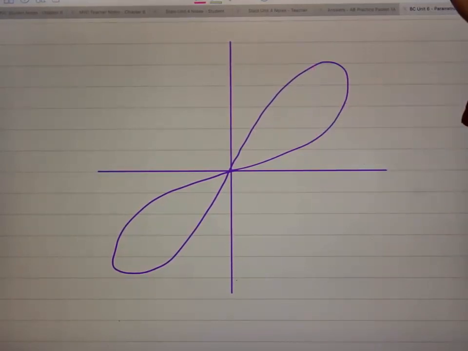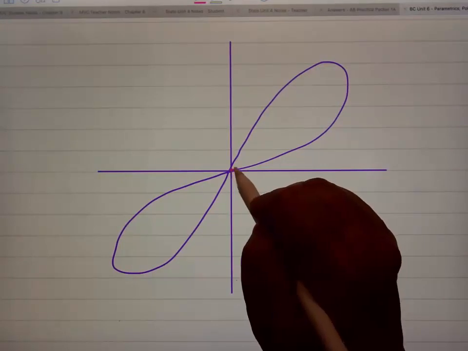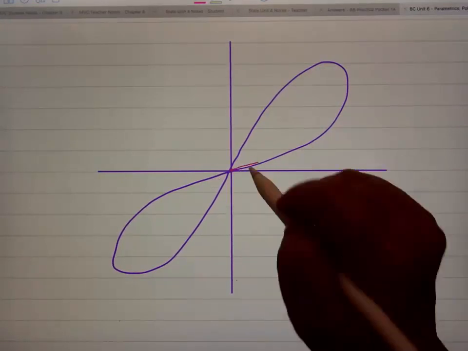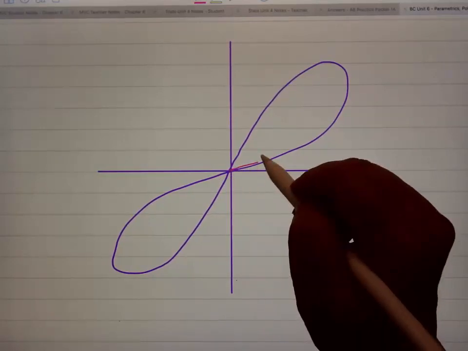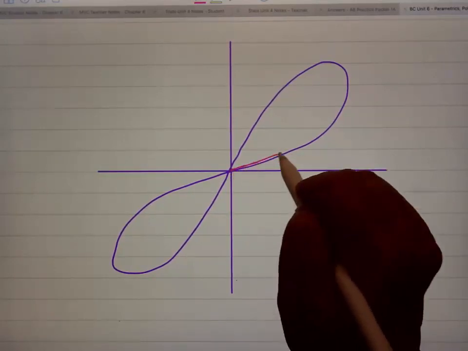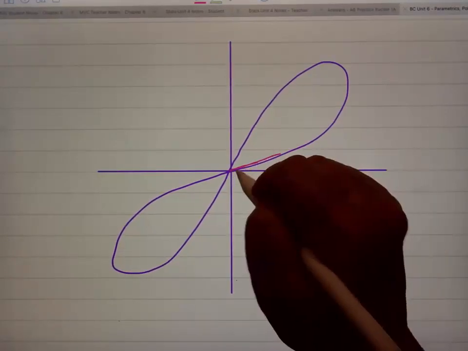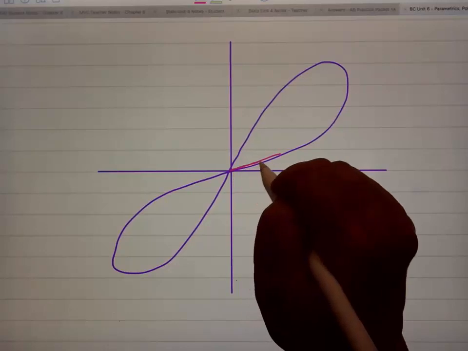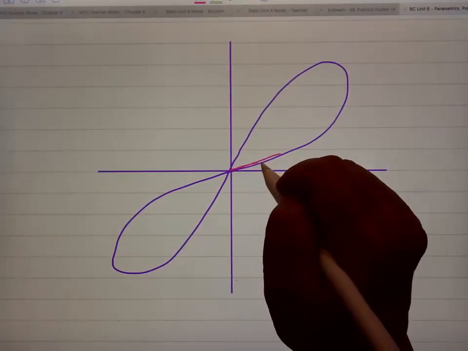This curve is generated by going from here out. Remember that in polar, things are measured in a radius and an angle. So basically, this curve is generated by measuring how far out you go at a diagonal and how far up from the x-axis you are.